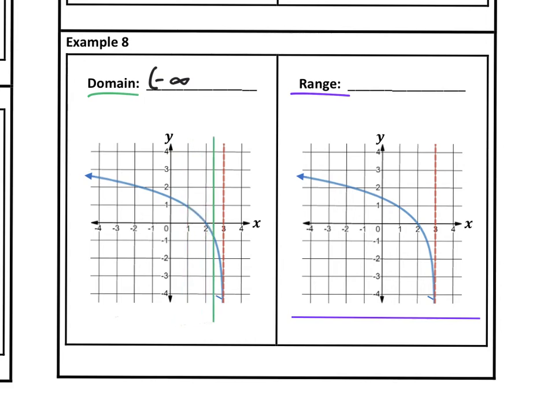But what happens is I get to the right part, right? The rightmost part of the graph. There's this boundary, okay? And remember, we talked about it, I think, in the last video. This is called an asymptote. And it's over here as well.